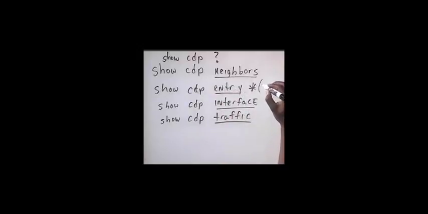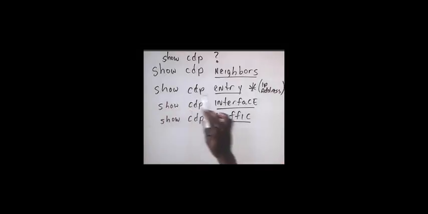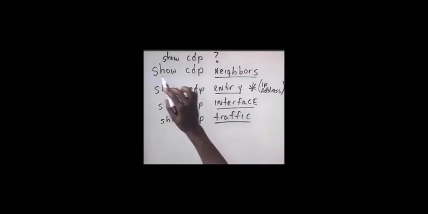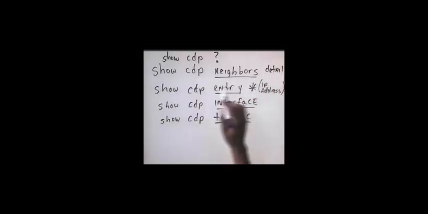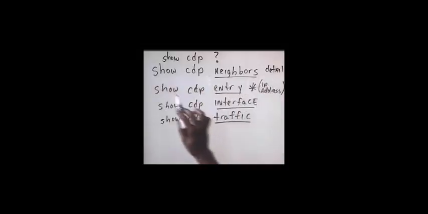That piece of information is the IP address. But instead of using the show CDP entry splat command, it's just as easy and makes more sense to use show CDP neighbors detail. This shows the identical information. This is an identical command to what the show CDP entry splat command provides.